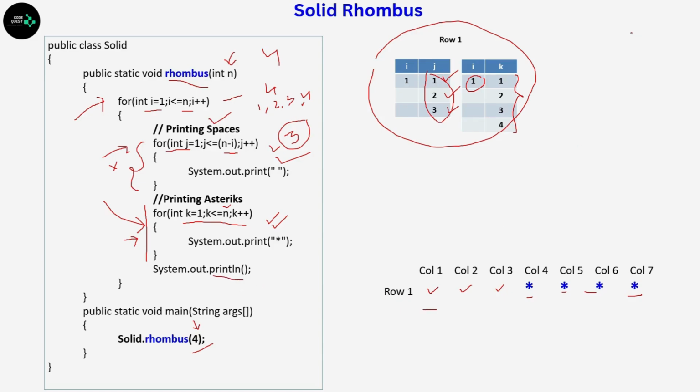this println is going to bring the cursor to the new row. Moving on to the second iteration, the I value becomes 2, and the inner loop is going to start with 1 and go up to n minus I, that is 4 minus 2, that is 2, which means j value will be 1 and 2, so I am going to get 2 spaces at the beginning.